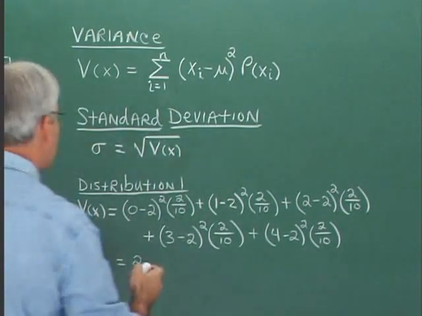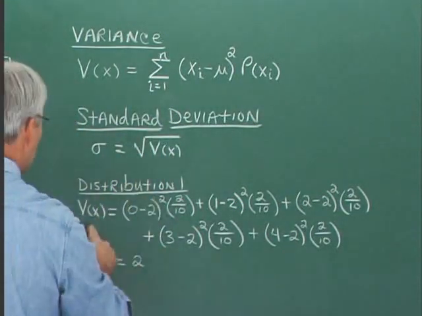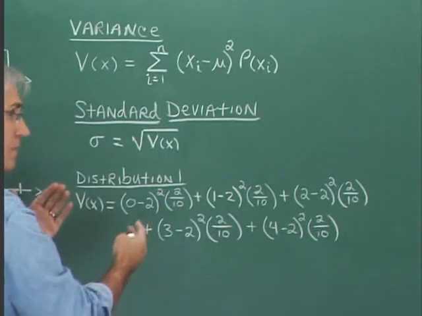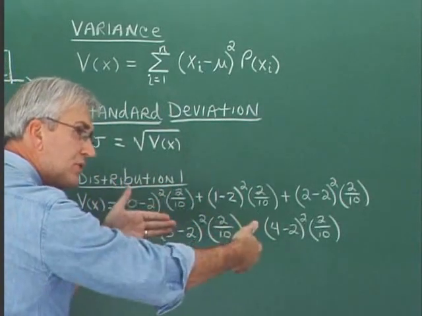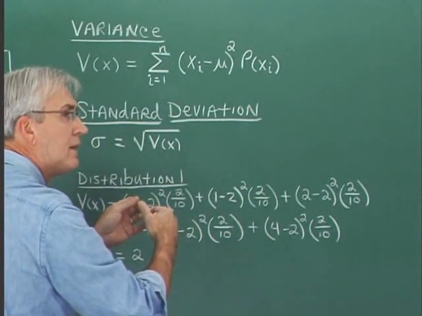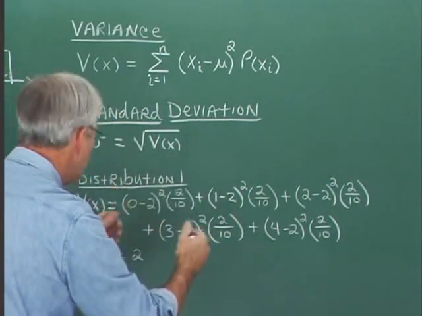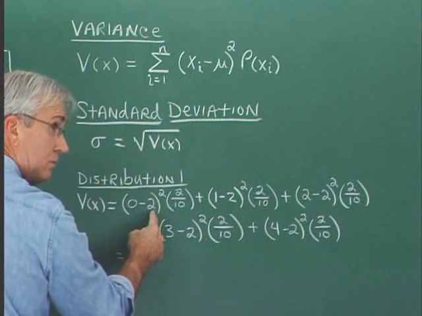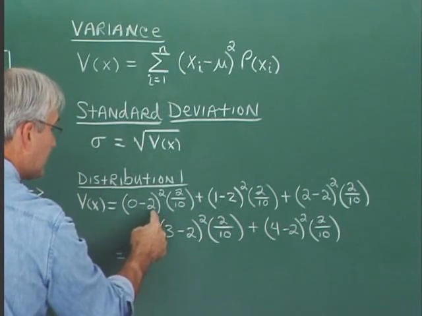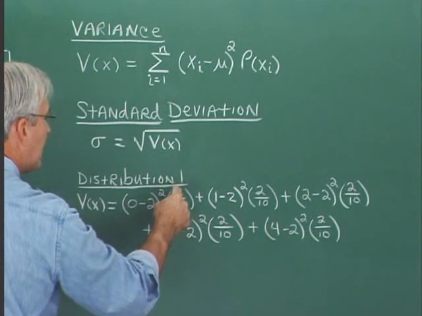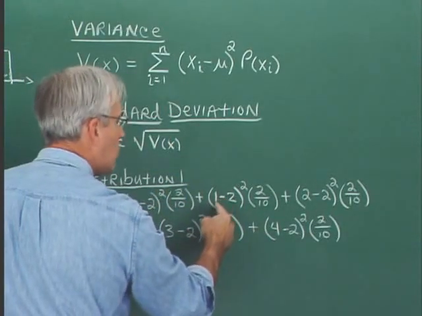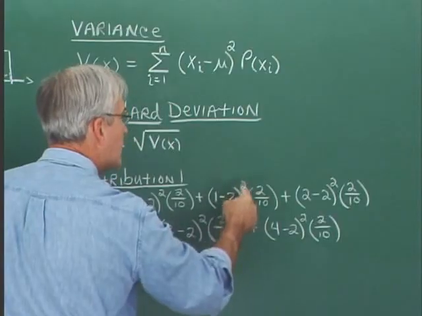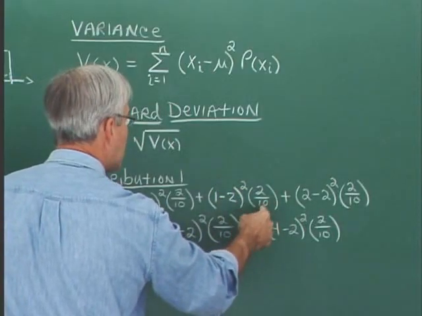All right, let's talk about variance for distribution 1. Remember, it's the distance between x values and the expected value, the mean. So it's 0 minus 2, the x value minus 2, then squared times 2/10. And then for the next x value, 1, minus the mean squared times the probability associated with that.